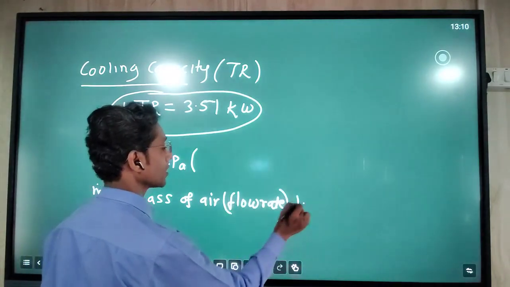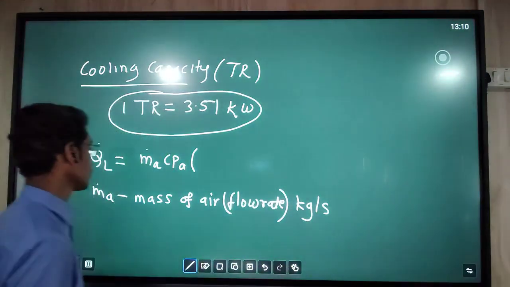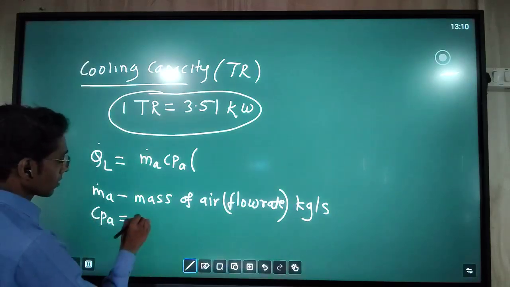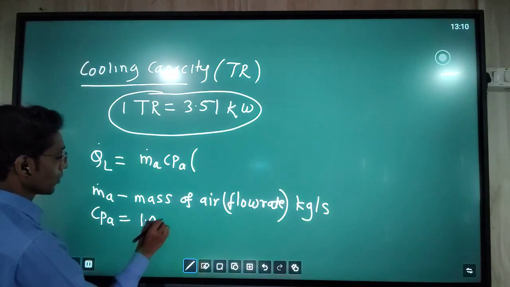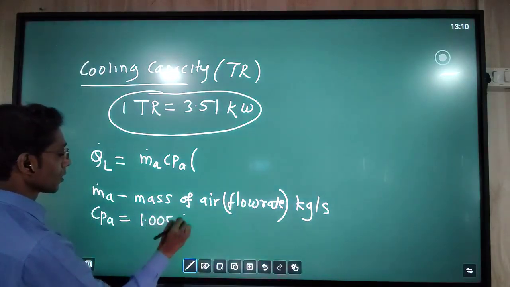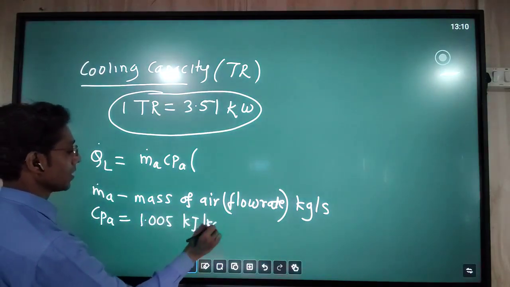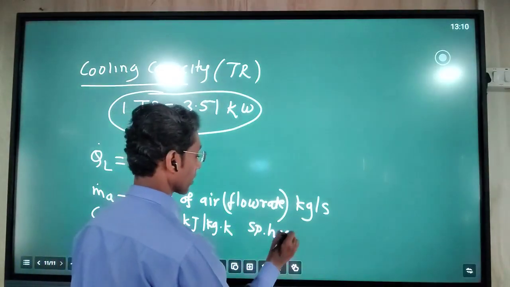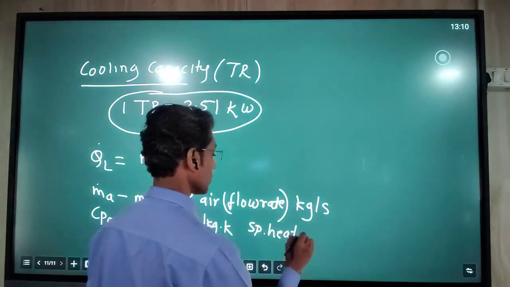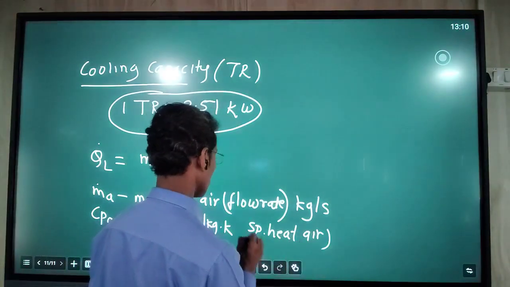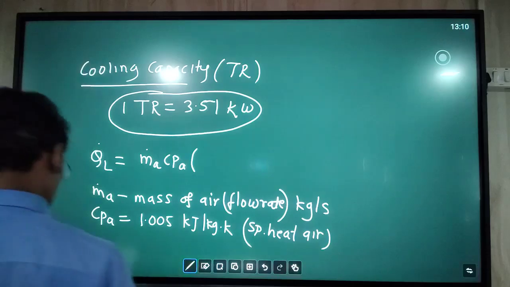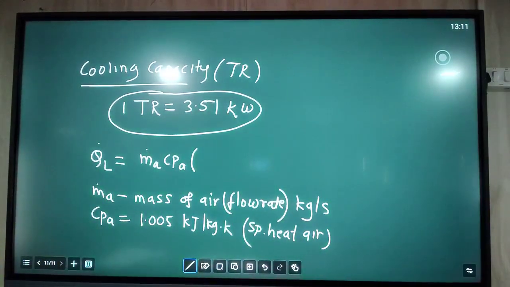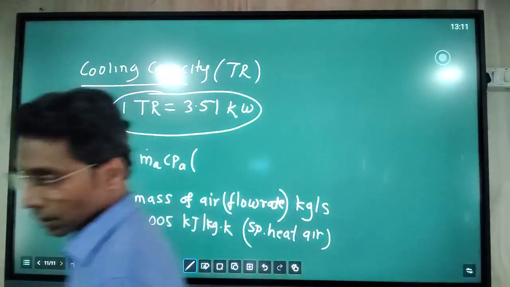Its unit is kilogram per second. Cpa is the specific heat of air, taken as 1.005 kilojoule per kg Kelvin, the heat carrying capacity of air. And the temperature difference here we can take as T5 minus T6.